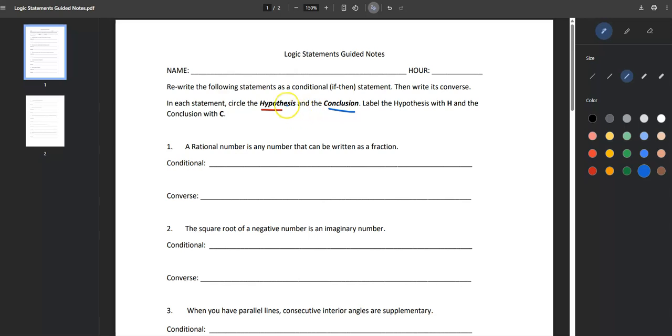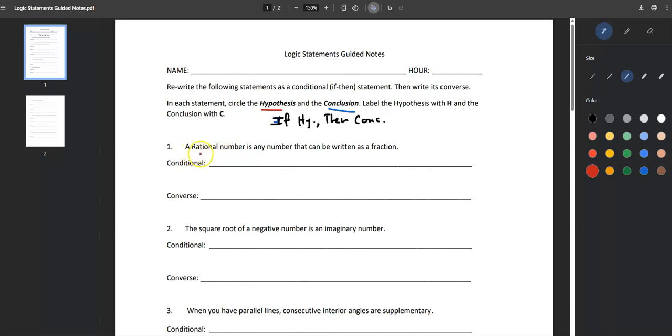And then once we've done that, we can then put it in if-then form. So these conditional statements are if this happens, then that happens. So it's always if, and then it's the hypothesis, whatever that is, and then we go then the conclusion. Okay? So as we look through this, we want to just identify both of those things.